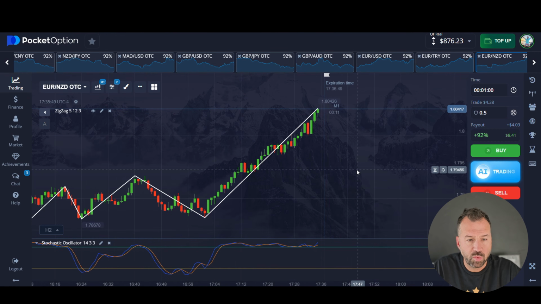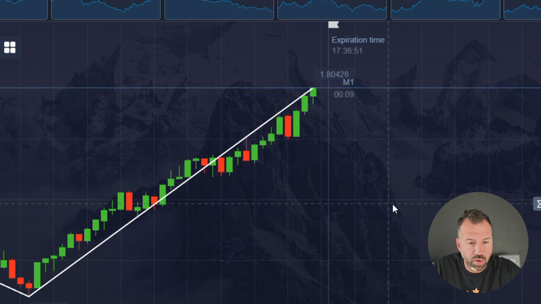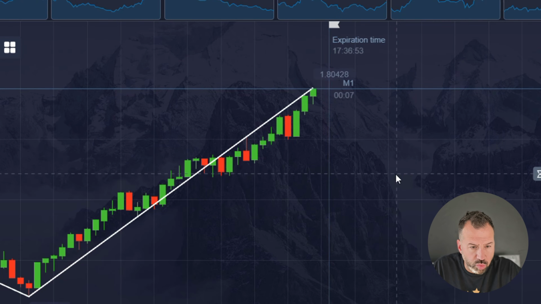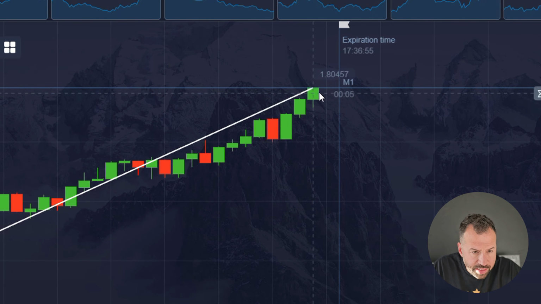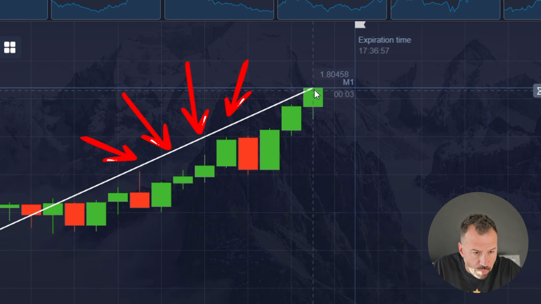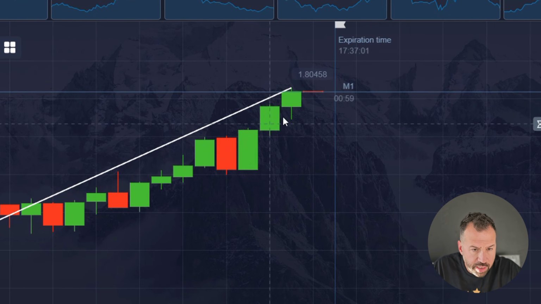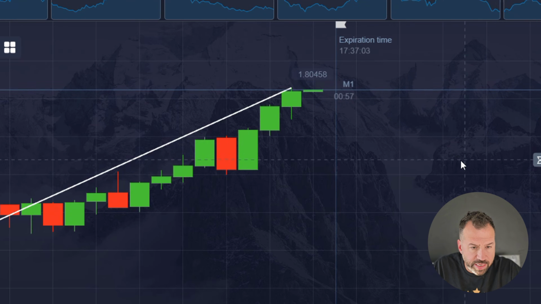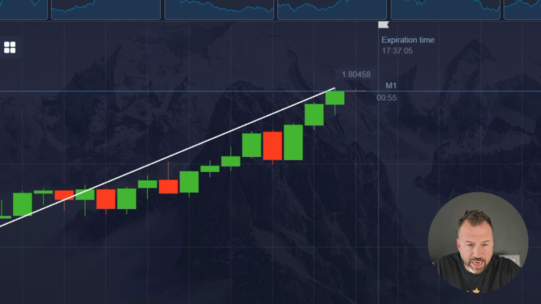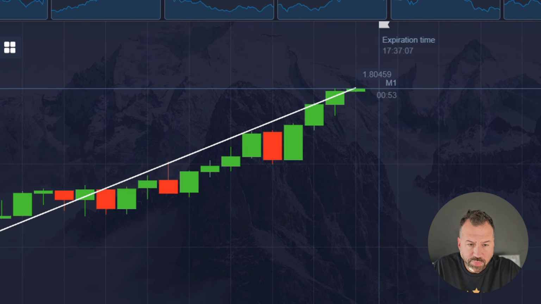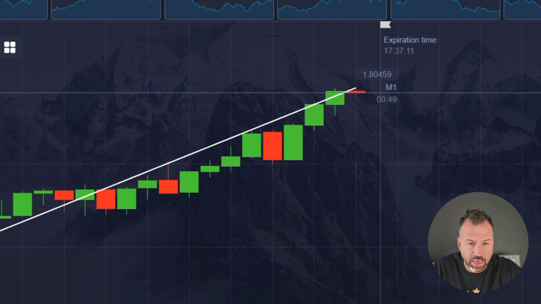Okay, this one's pushing really hard up, and this is over top of all of these candles. We've had a big run, and let's just see if that's another green candle. If this turns red, I'm going to go ahead and give this one a ride down.